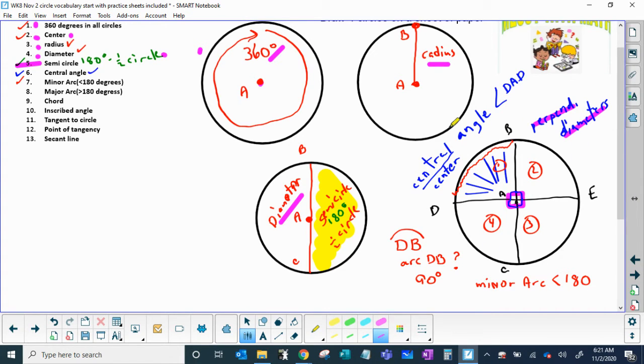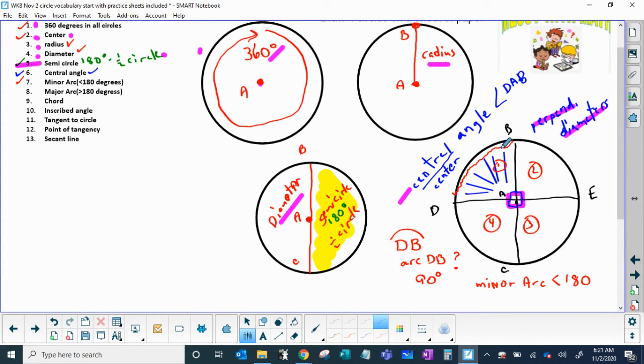Now that we have this, we have created what's called a central angle. This central angle right here, DAB. Let me make that a little clearer there. DAB. That's a central angle.